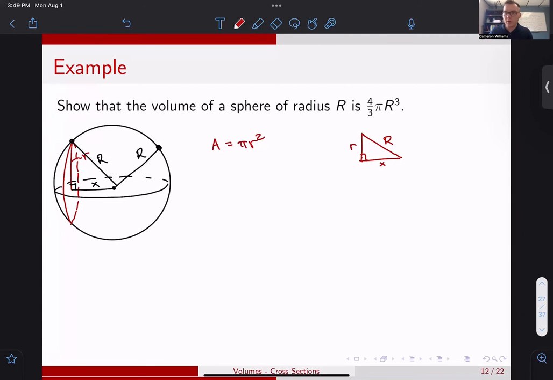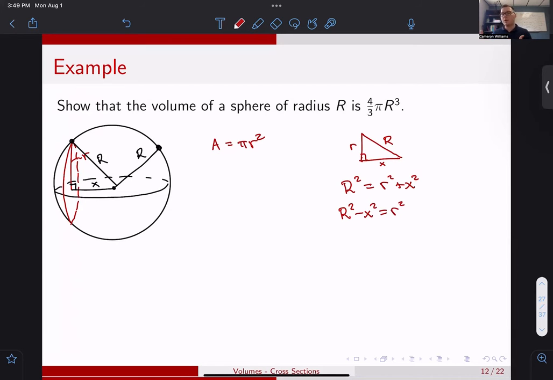All right, so we have a right triangle, which means we can use the Pythagorean theorem to relate r and x to each other. So from the Pythagorean theorem, big R squared is little r squared plus x squared. And we're really close to having our area in terms of x. Now, we want little r by itself, so I'm going to subtract x squared from both sides. So big R squared minus x squared is little r squared.